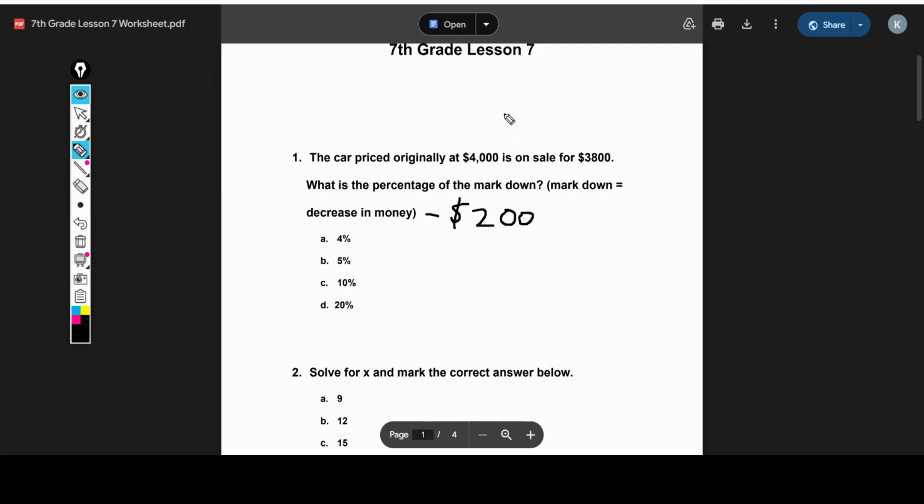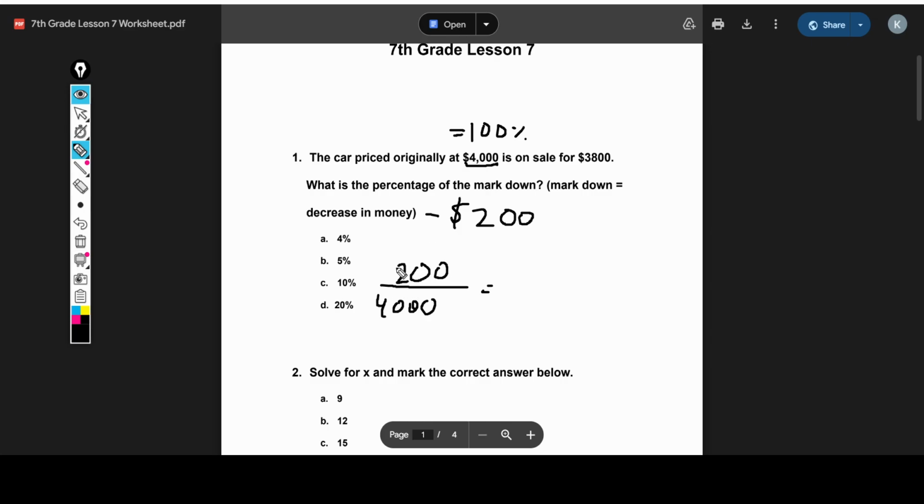The way this works is that the $4,000 is the original price, and the original price is equal to 100%. Now we have to convert this $200 into a percentage, keeping in mind the original price of $4,000. To do this, we can create a fraction with 200 at the top and 4,000 at the bottom, because we're comparing the $200 to the 4,000.